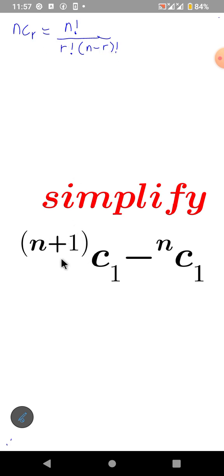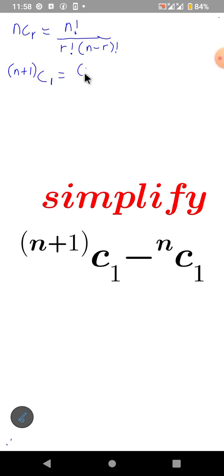So now I'm going to expand this n plus 1 combination 1 using this formula here. So we say n plus 1 combination 1 equal to, so now n will be what? n plus 1.